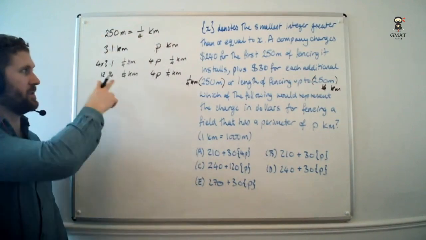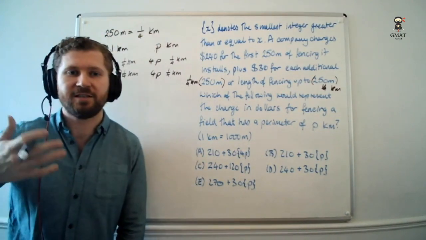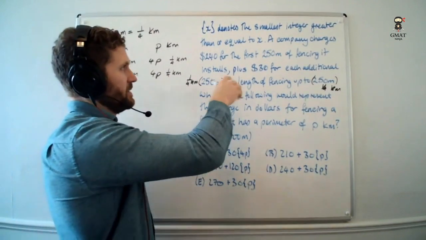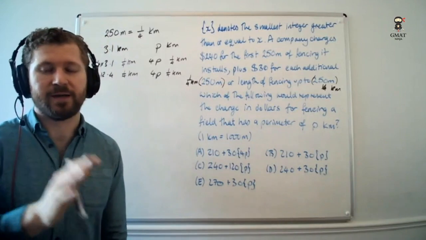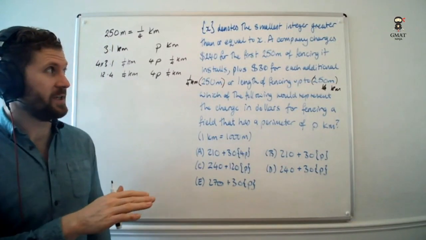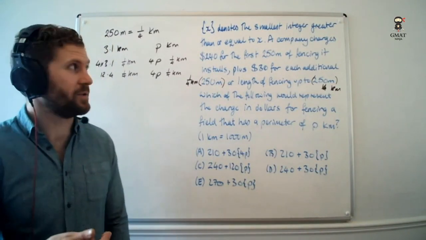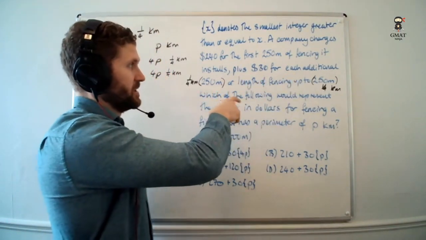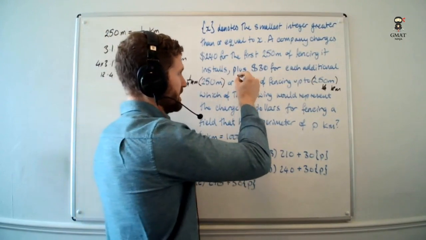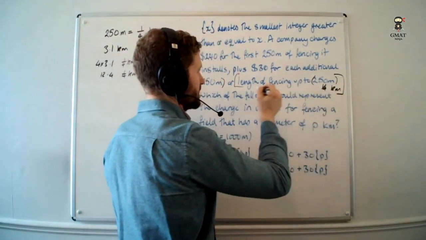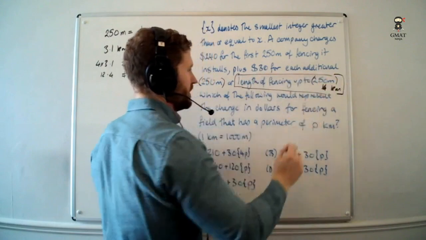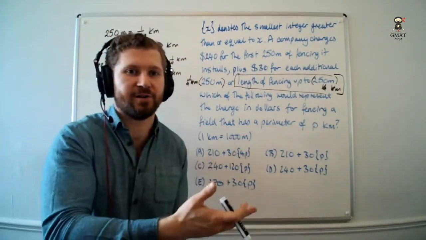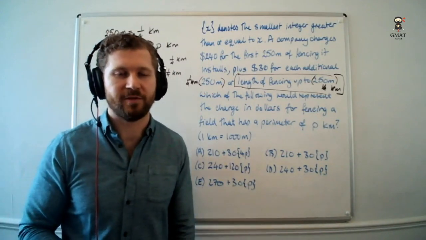But as you can see with this 12.4, that might not be a nice, neat, round whole number. The question tells me we're going to get an initial charge, which we'll get to in a minute. I'm leaving that out for now. We're just looking at the additional charge for the length of fencing. I'm going to get charged $30 for each additional quarter kilometer or length of fencing up to a quarter kilometer. That tells me I will be charged a full $30 for every partial bit of fencing up to 250 meters.